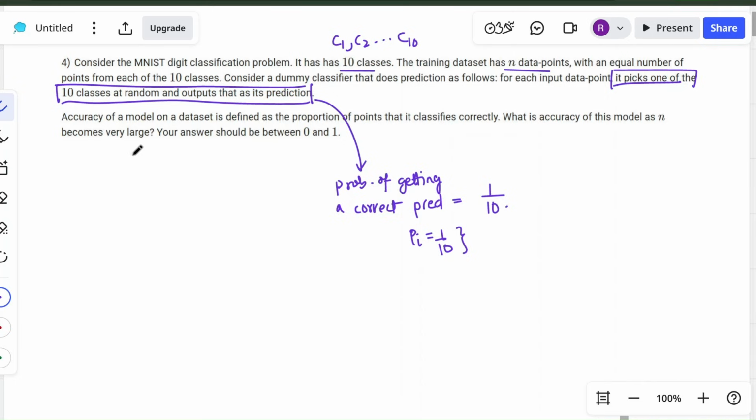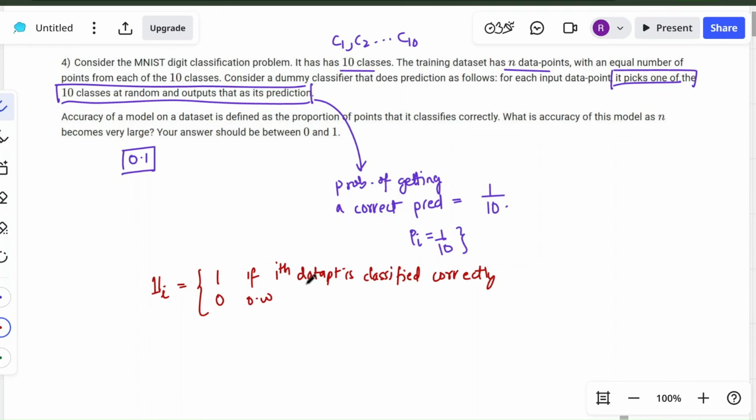So the answer is okay, but let me give a more formal explanation of why it is the case. I guess most of you are comfortable with indicator variables and the law of large numbers. So let me create an indicator variable 1i, which is equal to 1 if the ith data point is classified correctly, and zero otherwise.